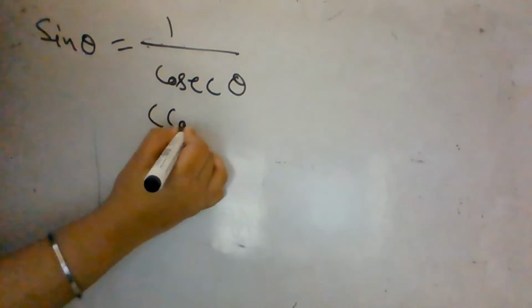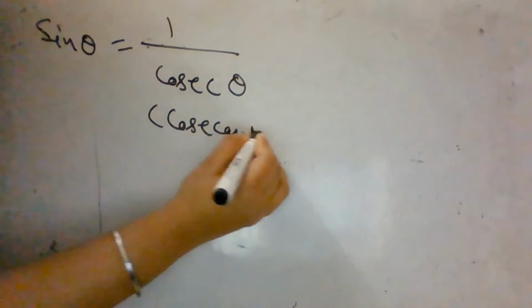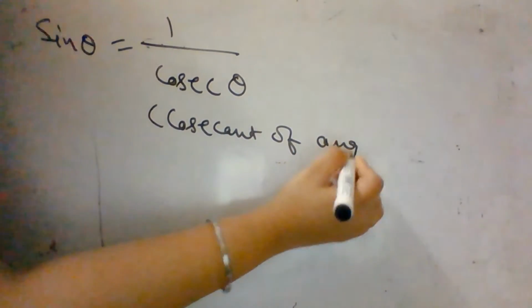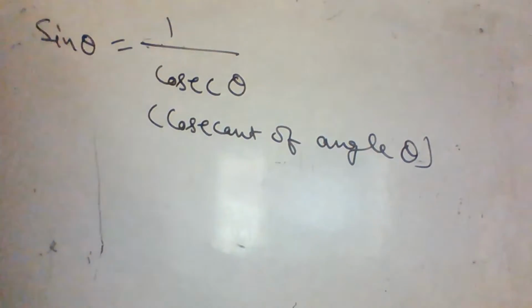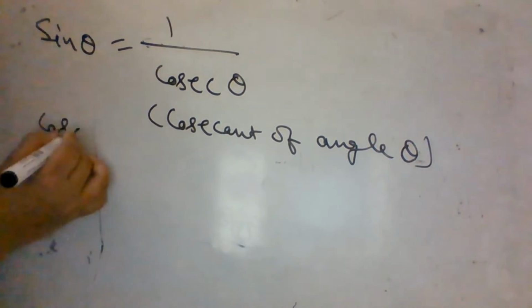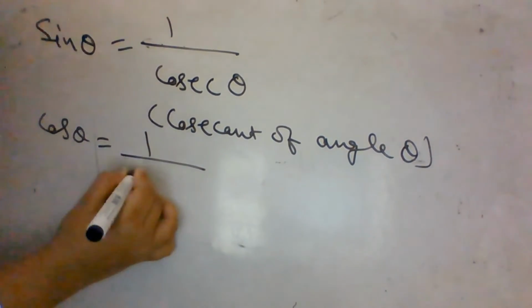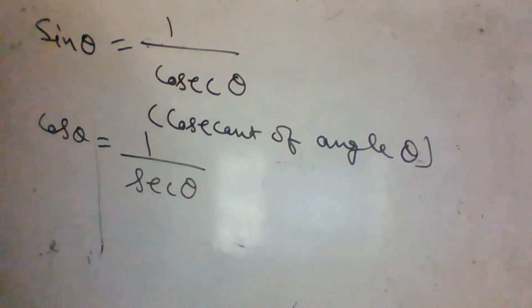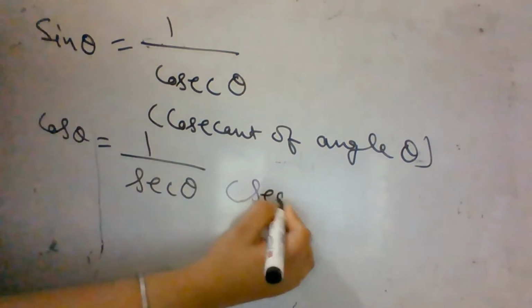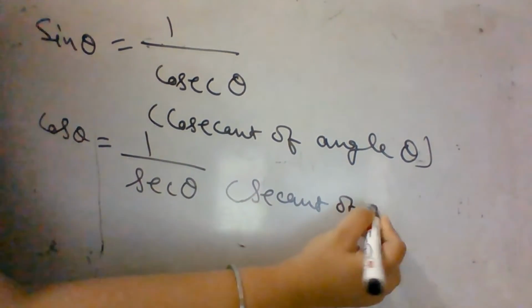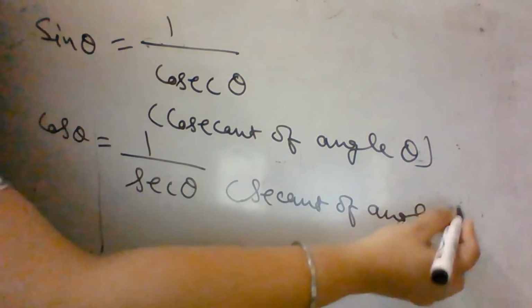Remember, this cosec is the full form for cosecant of angle theta. Similarly, cos theta is reciprocal of another trigonometric ratio, which is sec theta. And this is secant of angle theta.